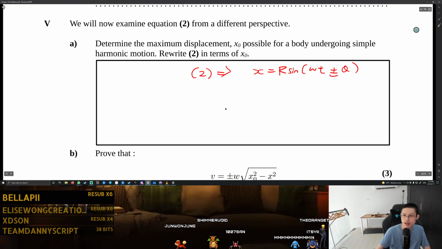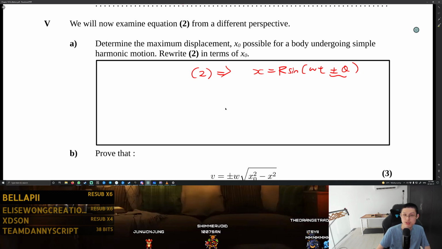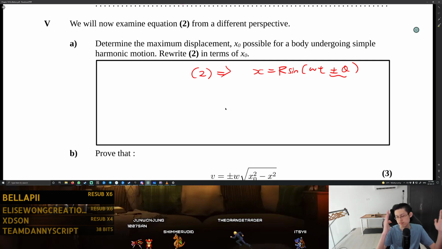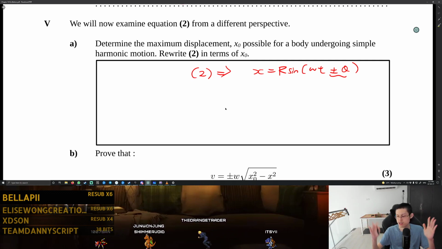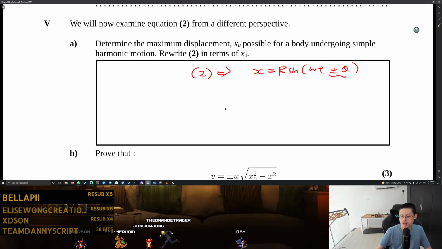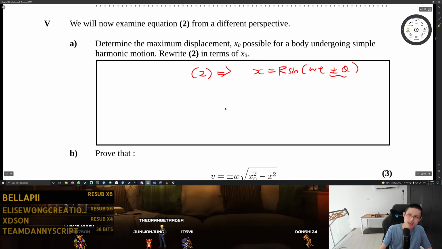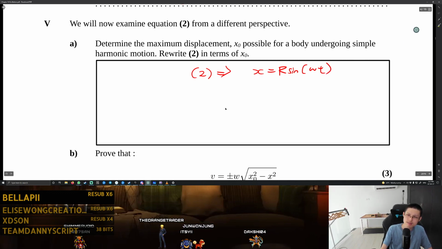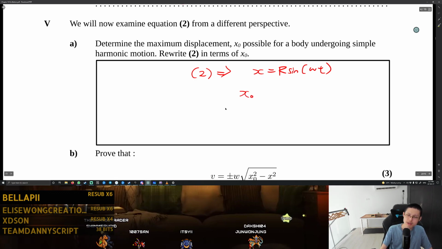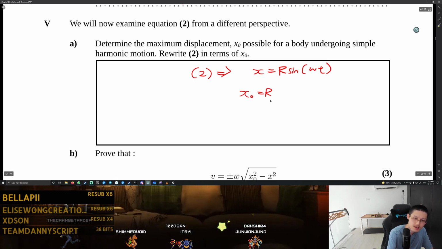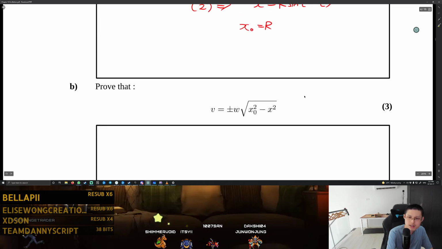This extra term here is actually the phase displacement term, so you can move the graph in either the left or right direction. But in A-level physics, we don't usually include the phase displacement term, so we just ignore that. So usually it looks like this, which means the amplitude is just r. Okay, similar to what we were just doing earlier.